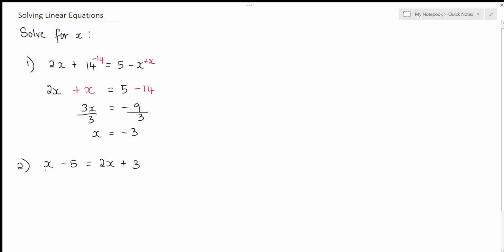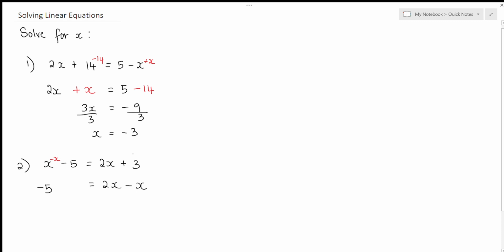So I've got x here, I'm going to minus x here. Therefore, on the right hand side, I'm going to write down 2x. That's what I have. The number that I have on the left hand side is minus 5. So to move x from the left hand side, I'm going to minus x. Therefore, minus x on the right hand side.